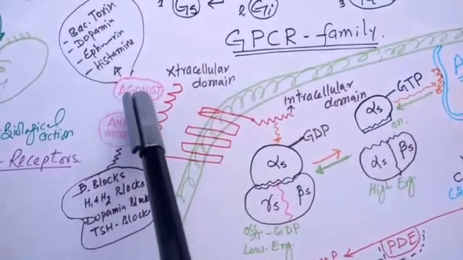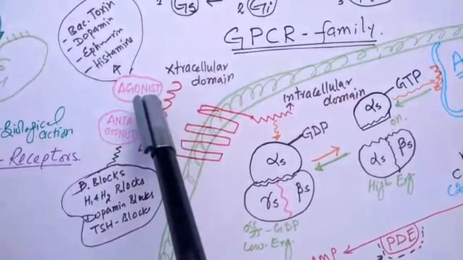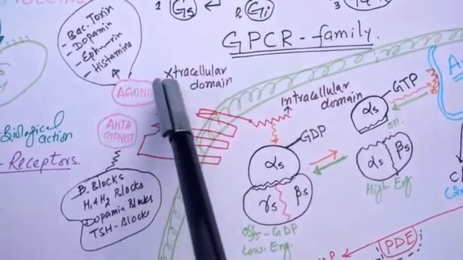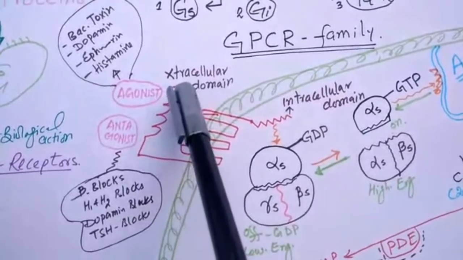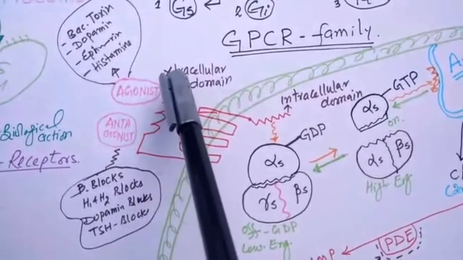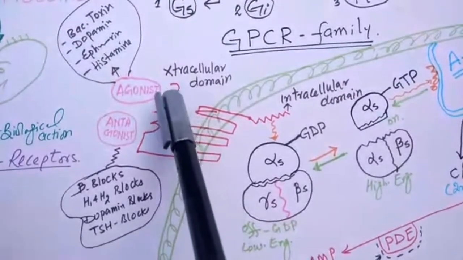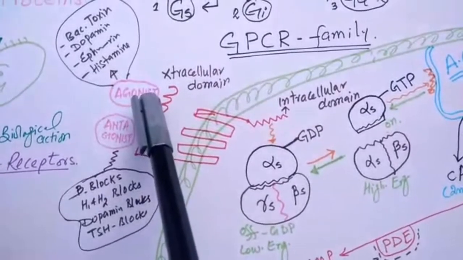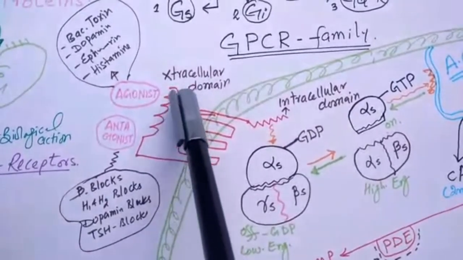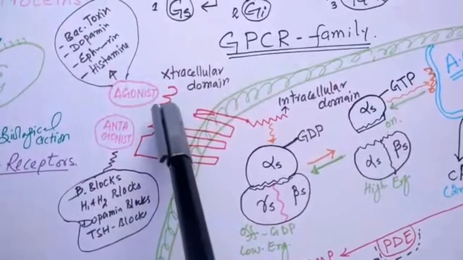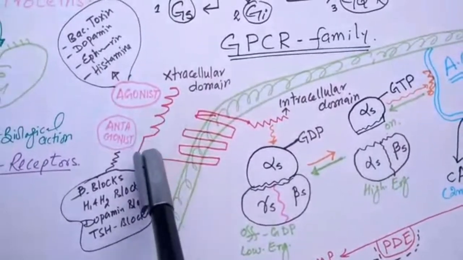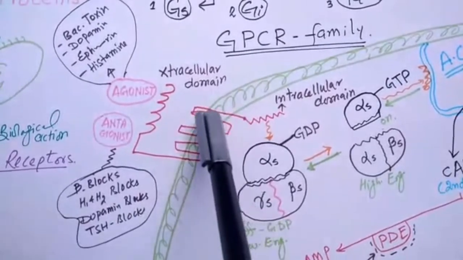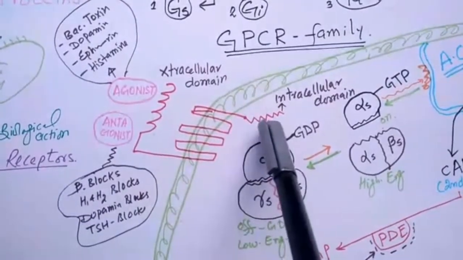Once the agonist binds with this extracellular domain, through hydrogen bonding, ionic interaction, covalent bond, or van der Waals force interaction, a chemical message is passed through these lines and reaches here.